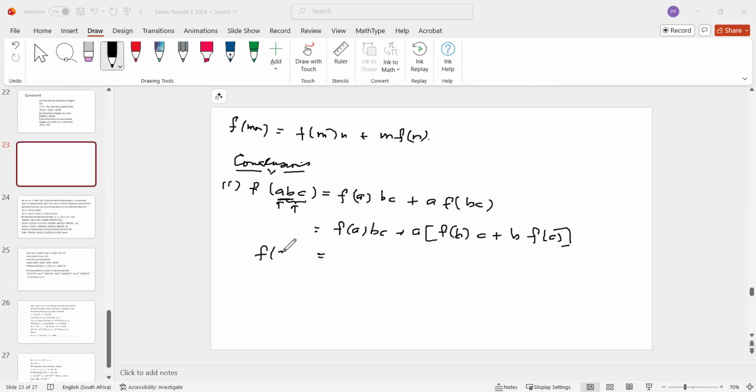So you have f(ABC). You write down, because there are three terms here, you put ABC, and then you take f of the first one, you take f of the second one, and take f of the third one. That's what we got here. A times f(B) and AB times f(C).